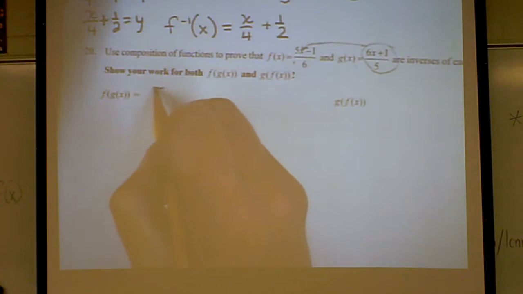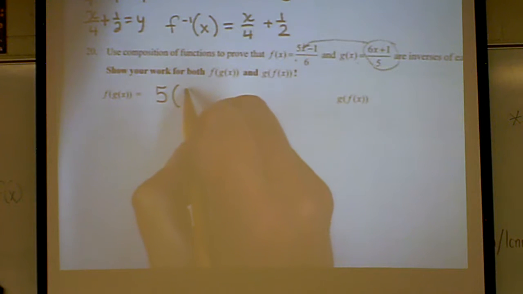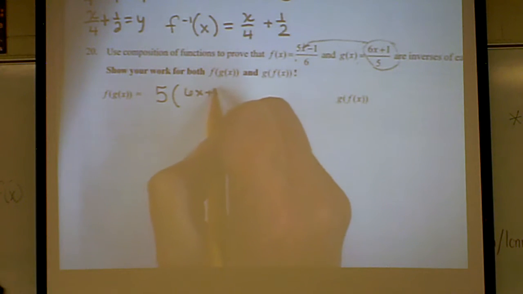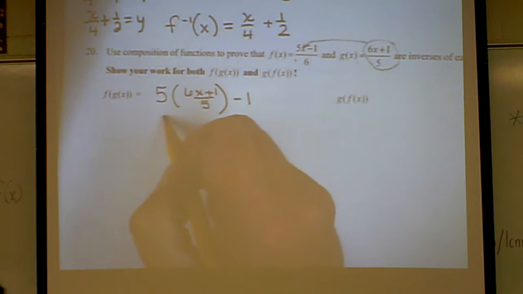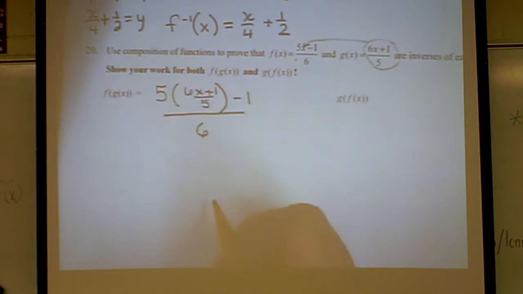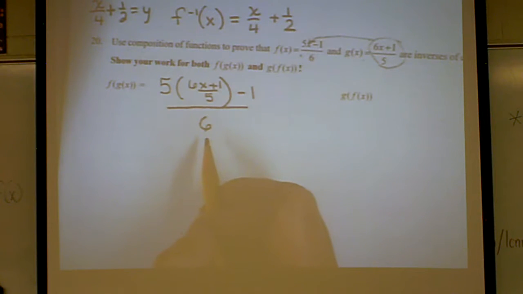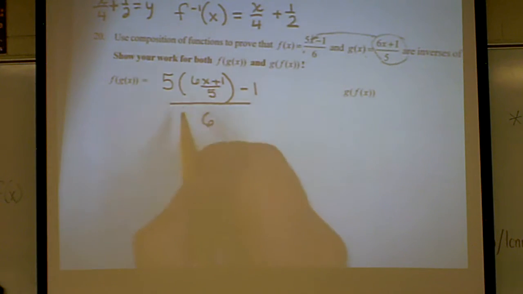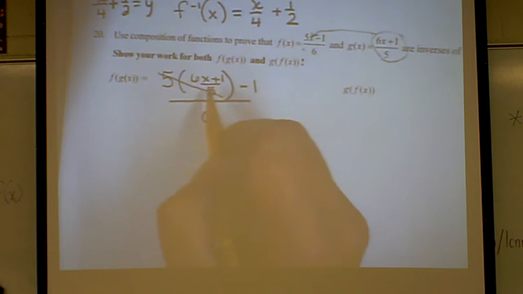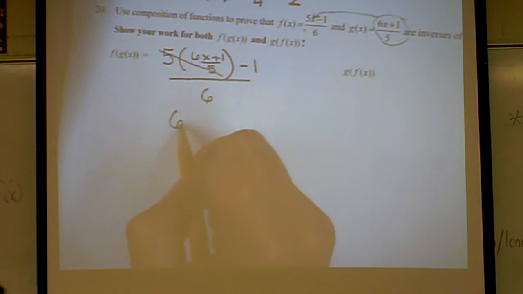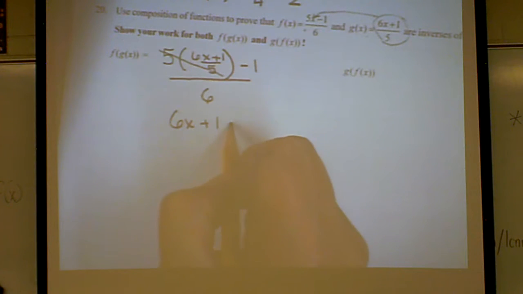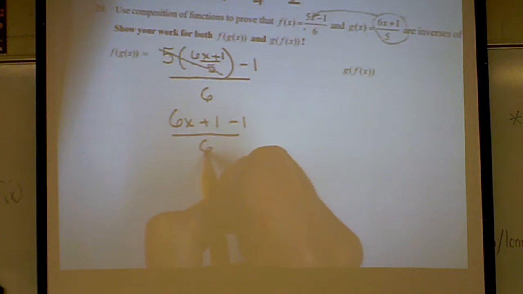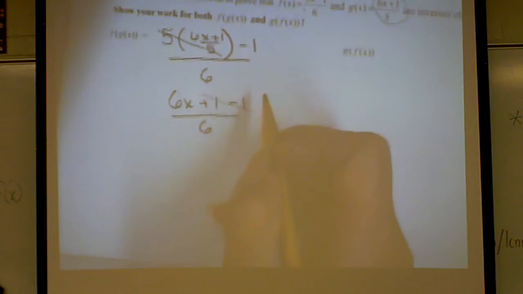So we have 5 times (6x plus 1) over 5, minus 1, all over 6. Now we have to simplify this, and it has to be x, and then we can continue on. These two cancel out. So we have simply in the numerator 6x plus 1 minus 1, over 6. 1 minus 1 is 0.